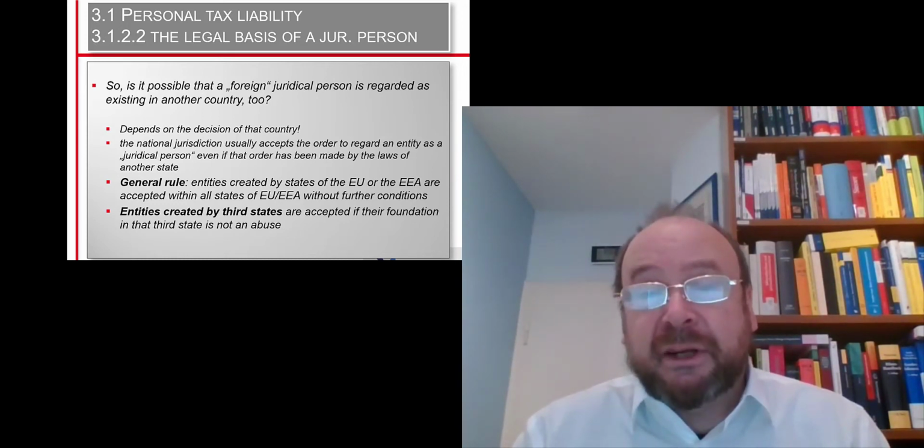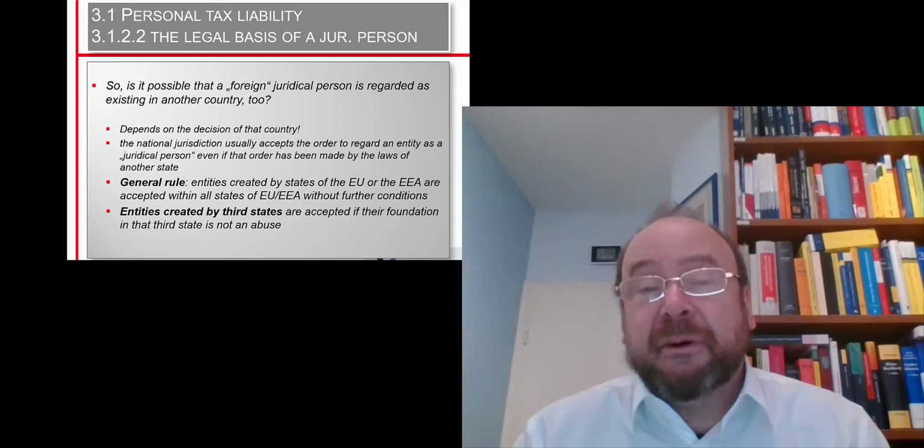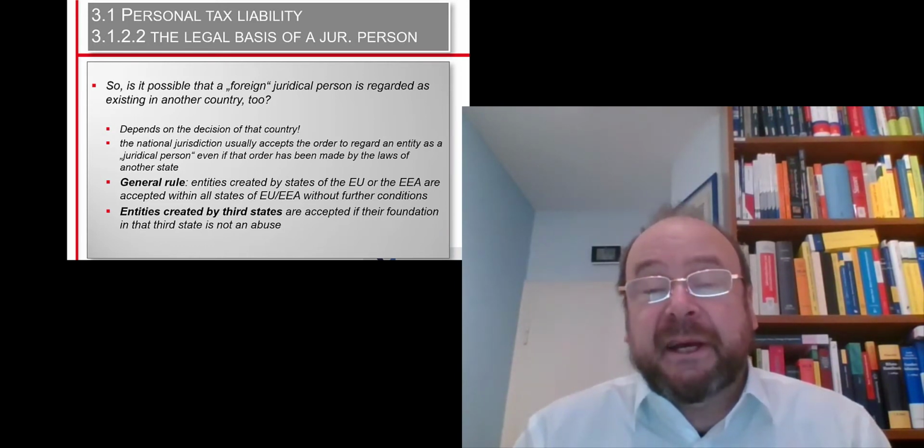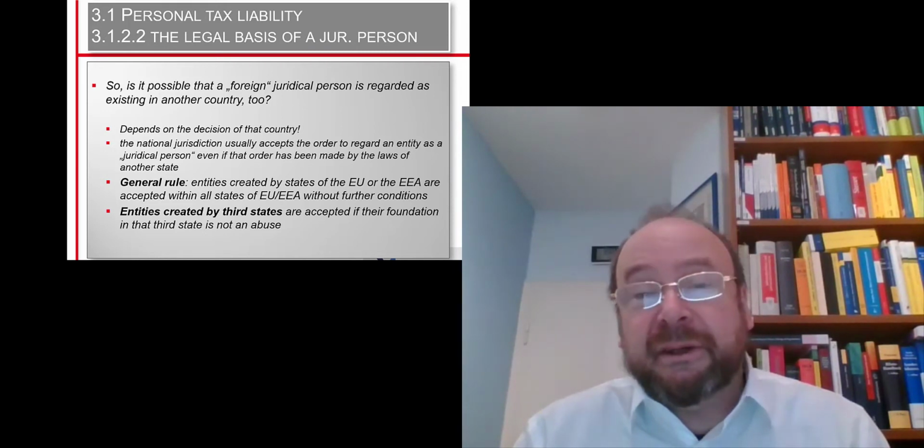You are German, your business activity is entirely within Germany, and the only connection with Farawaystan is the registration of that company on paper somewhere in a file in Farawaystan.